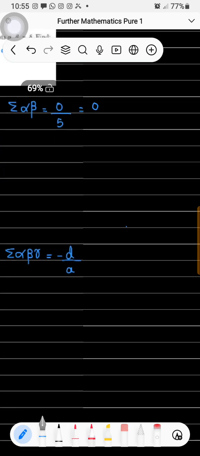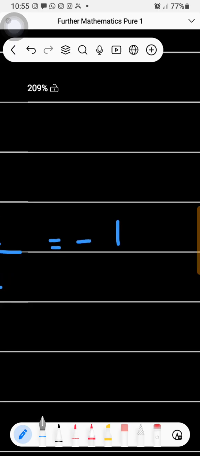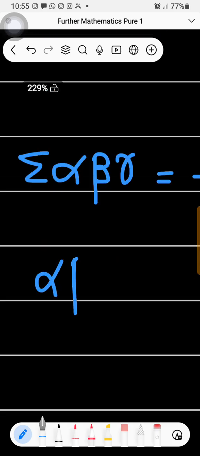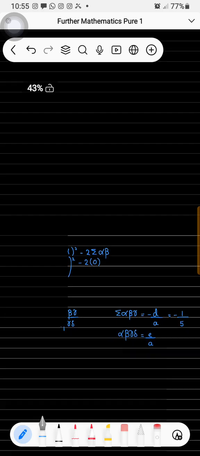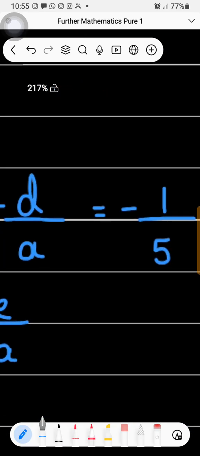D is 1, so I will write negative 1 upon 5, and the alpha beta gamma delta is e upon a, and e is negative 13, so negative 13 upon 5 here.